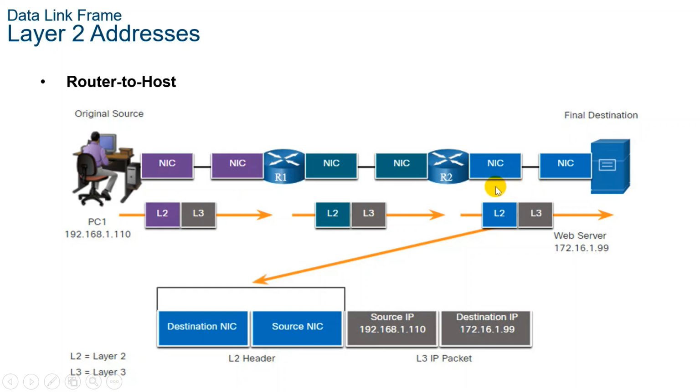If the data must pass onto another network segment, an intermediary device such as a router is necessary. Take a look at this. This PC here is at 192.168.1.110, and the server is at 172.16.1.99. They are located on two different subnets, and therefore we have to use a router for them to communicate with each other.